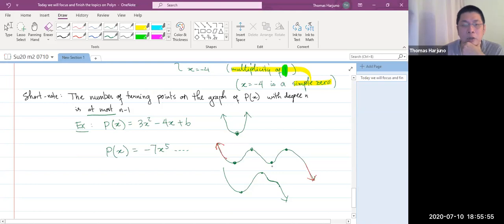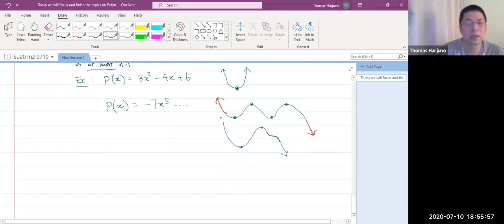Okay, so suppose you see a graph that looks like this.